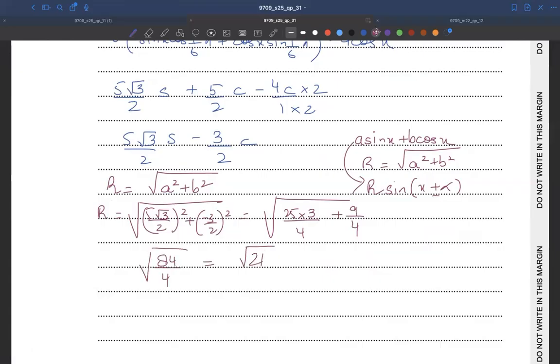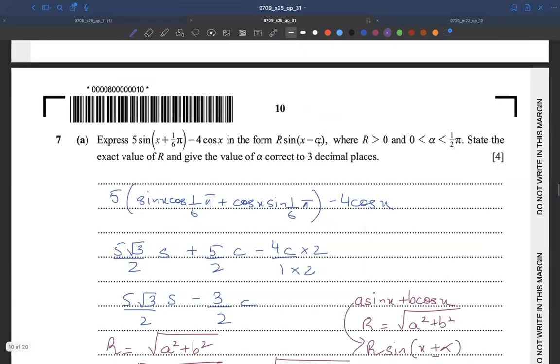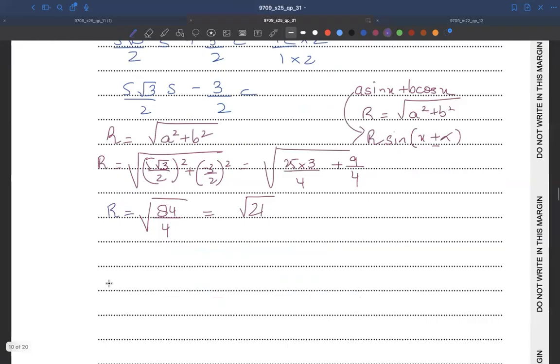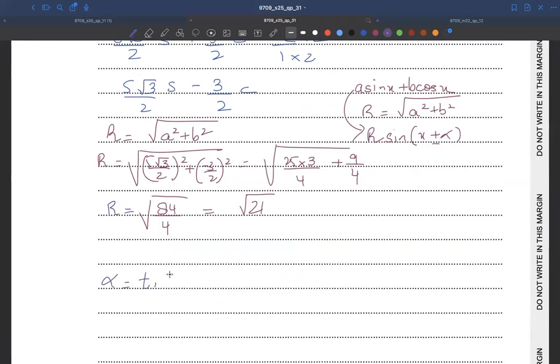Now, once we have the value of r, we also need the value of alpha over here. So alpha would be equal to tan inverse of b upon a. The b value is minus 3 by 2, or minus 1.5, divided by 5 root 3 upon 2.